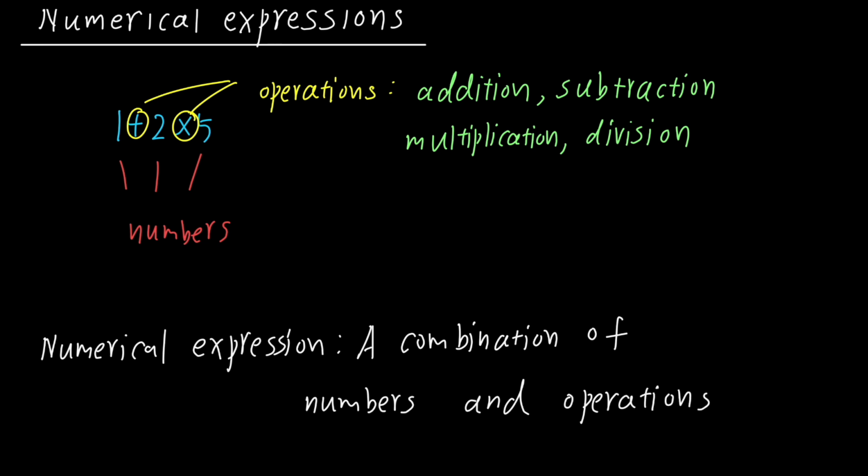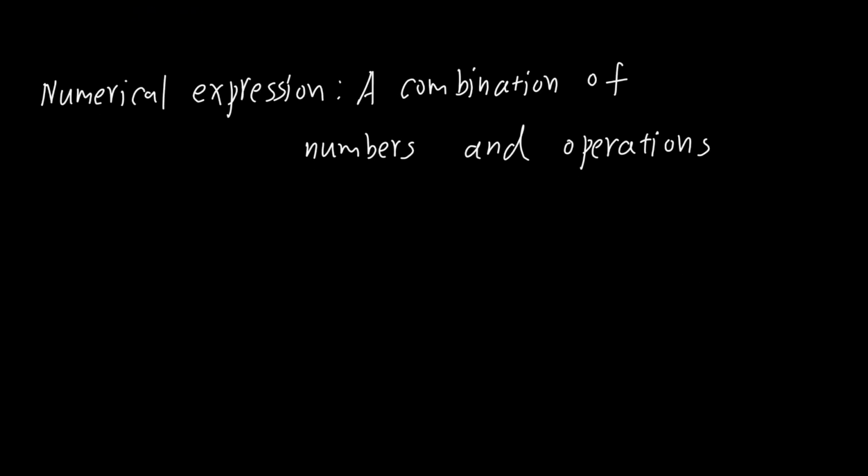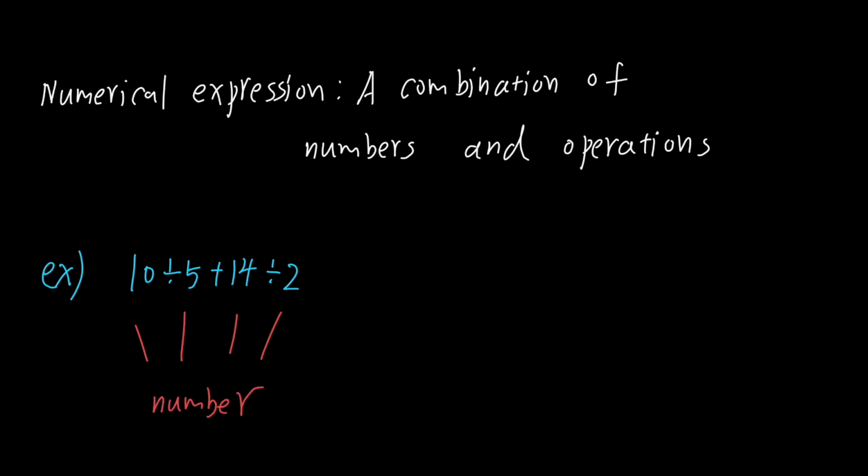Let's see another example. If I want to give you 10 divided by 5 plus 14 divided by 2. Now this time we see there are four numbers. And we see there's division, addition, and division.